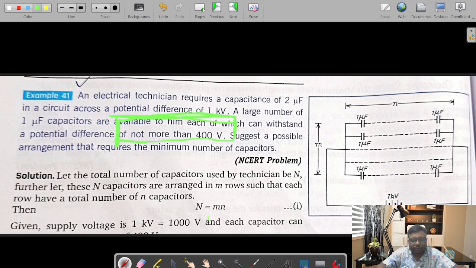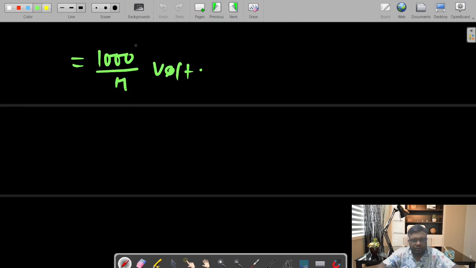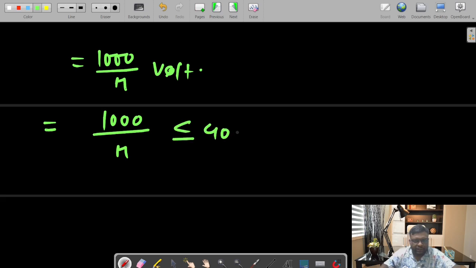Now we will proceed. Here this should not be greater than 400 volt, so it should be less than or equal to 400.